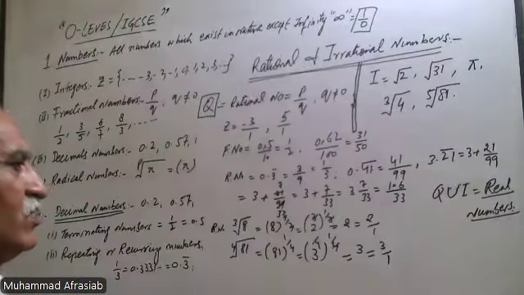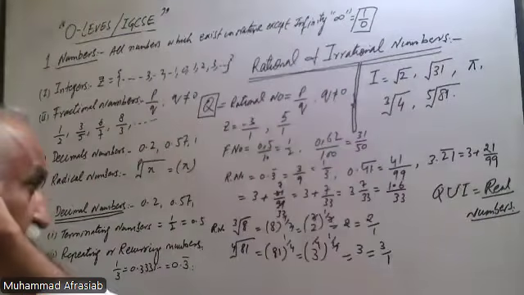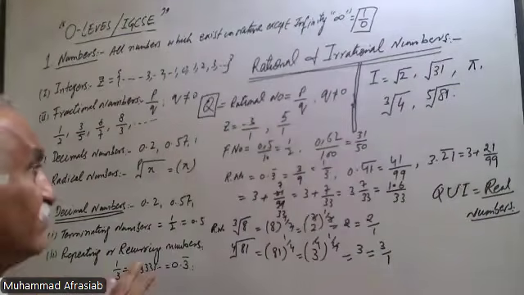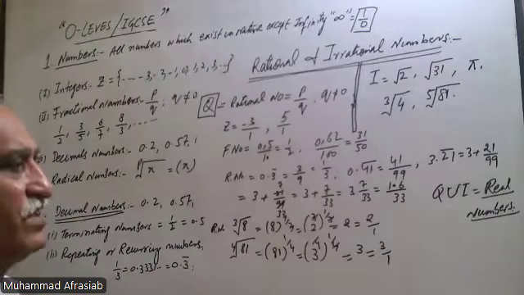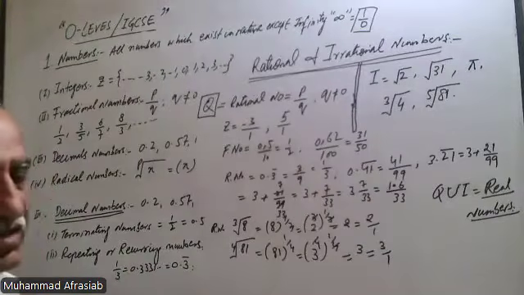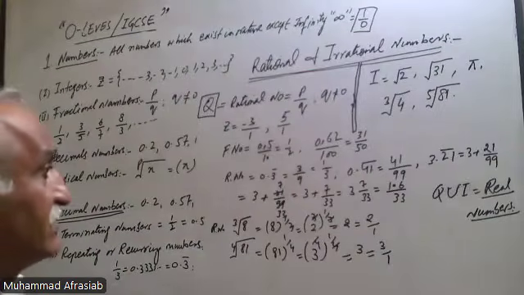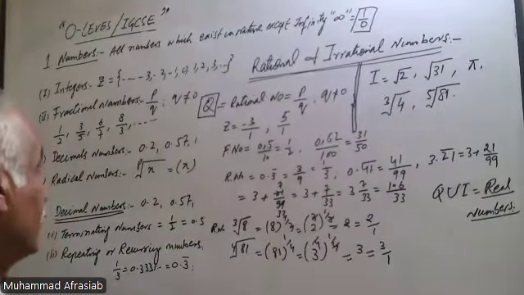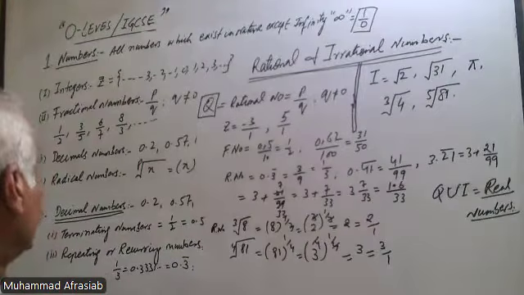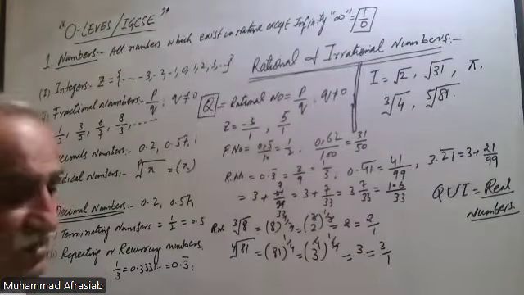They are the combination of the rational numbers as well as the irrational numbers. So this is the concept of rational, irrational and real numbers, and the other things are integers, fractions, decimals, and radical numbers.